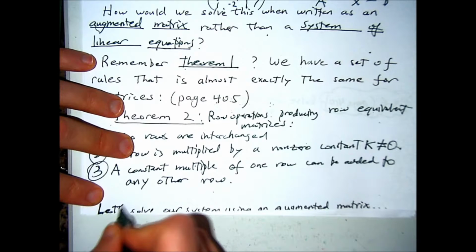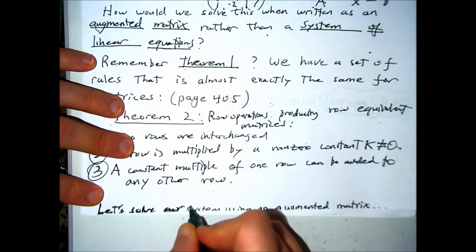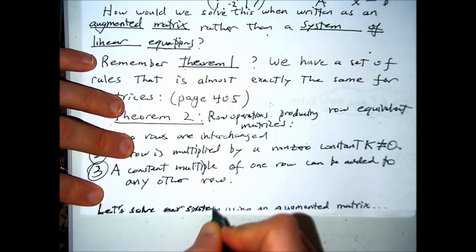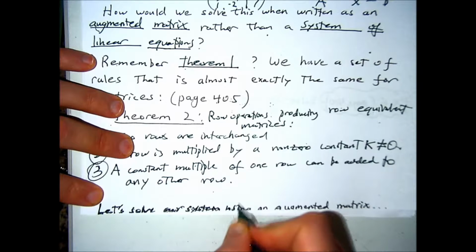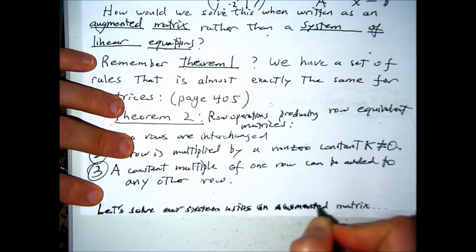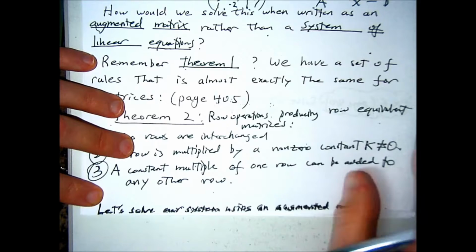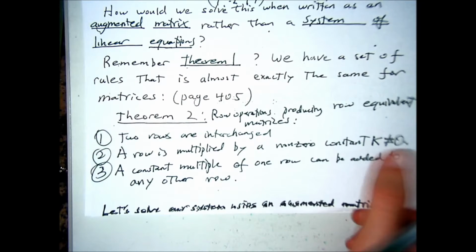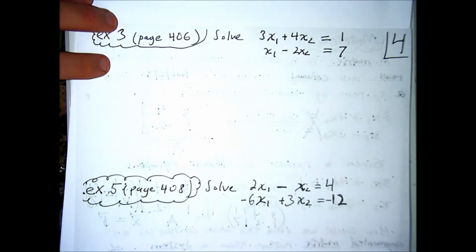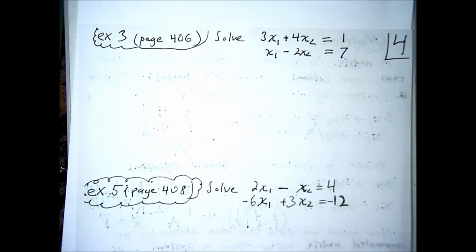I said let's solve our system using an augmented matrix. So we want to solve 3x1 plus 4x2 equals 1, x1 minus x2 equals 7.